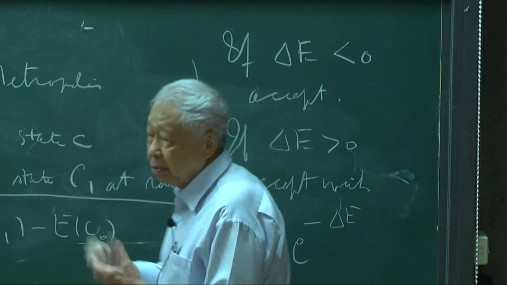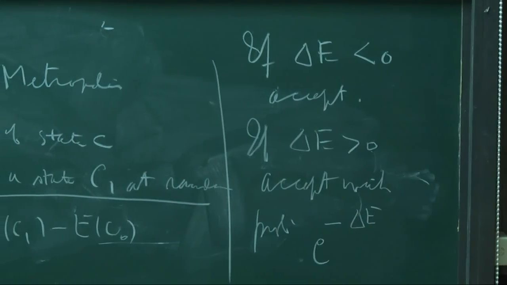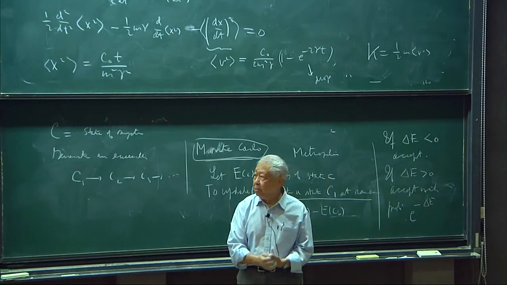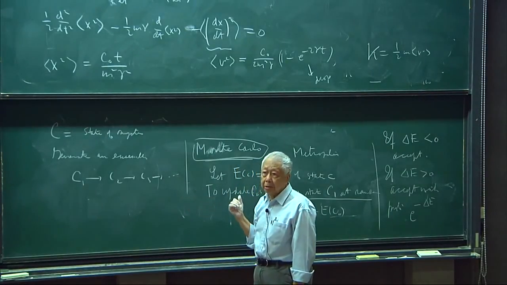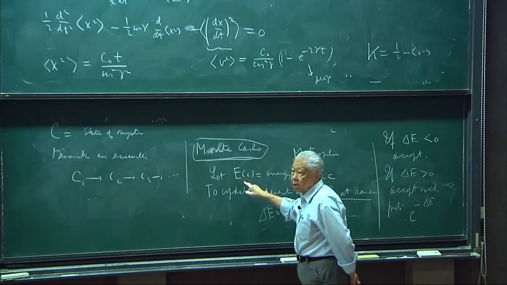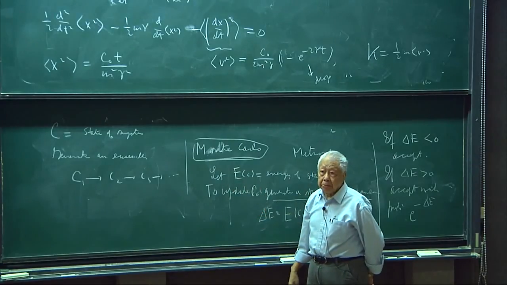And this simulates the thermal fluctuation. You generate a state, and even if the energy goes up, you might still accept it. With this algorithm, you can prove that eventually you have a canonical ensemble. And to include G, you include G into the definition of E. That's how you can solve such an equation on a computer.